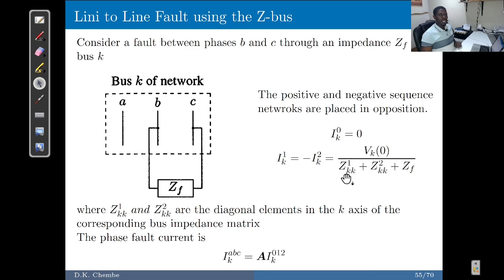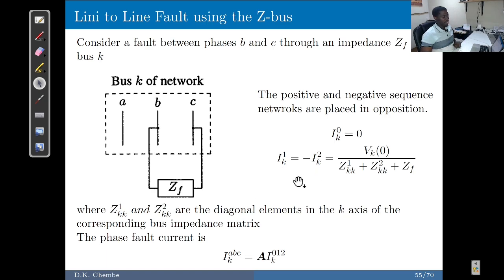If we consider a line-to-line fault using the Z-bus, equally we have the same. Just as we mentioned, our circuit is going to have the positive sequence parallel to the negative sequence, or in opposition.